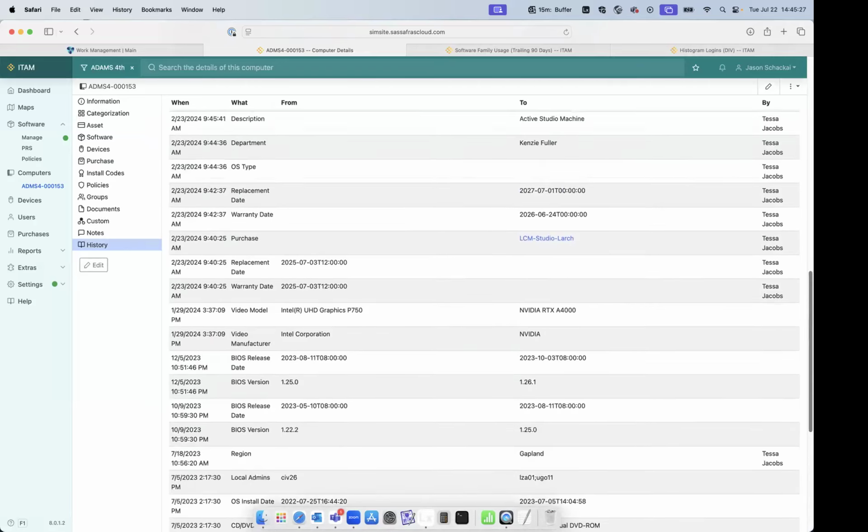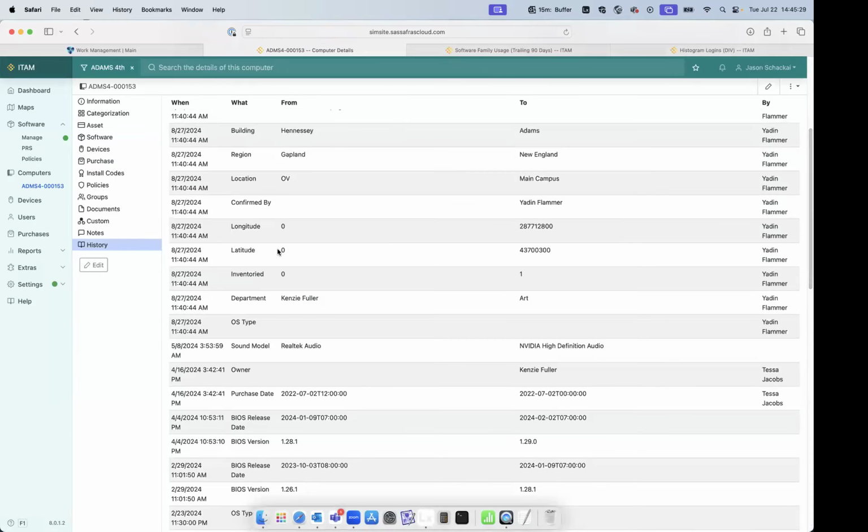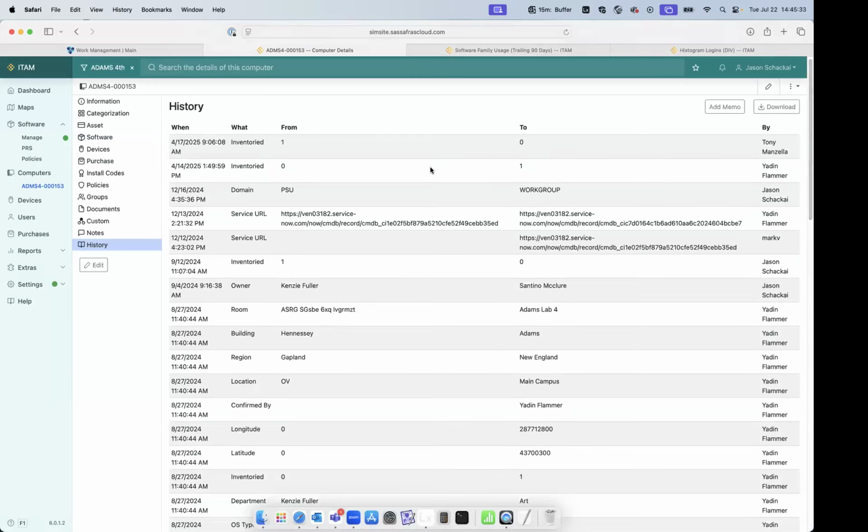Any changes to those fields throughout the life cycle are recorded and logged and accessible both at the level of the individual asset as well as in reporting, where you can see that kind of stuff changed in bulk. And that's a very brief walkthrough of computers.